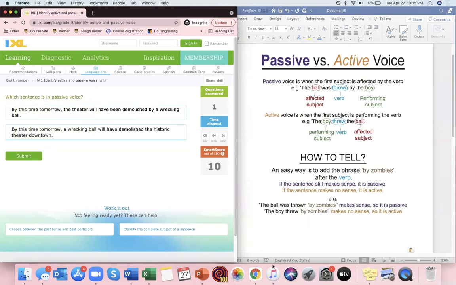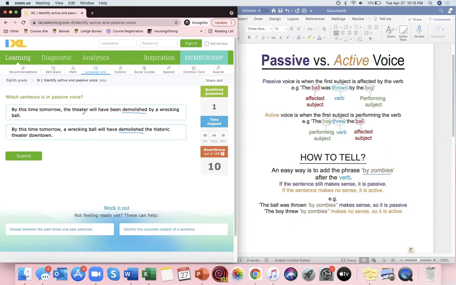All right, next example. So by this time tomorrow, the theater will have been demolished by a wrecking ball. By this time tomorrow, a wrecking ball will have demolished the historic theater downtown. So let's identify the verb. So demolished and demolished. So let's add by zombies.